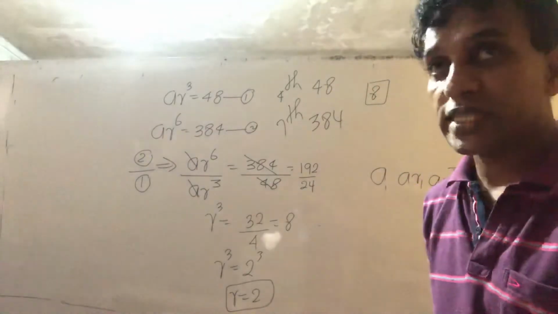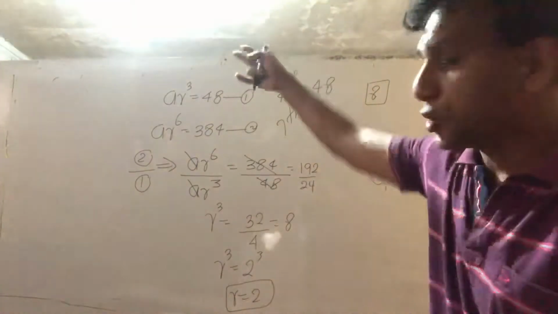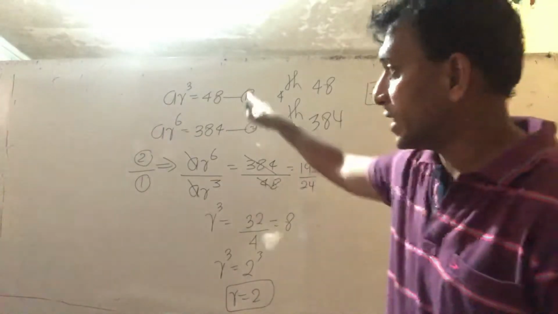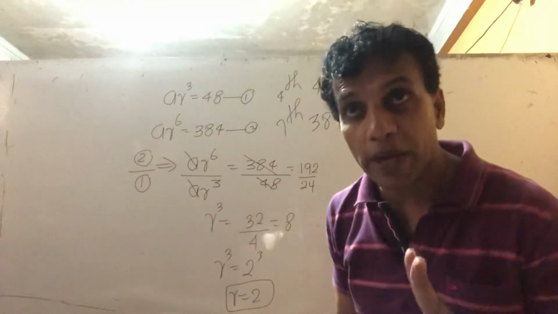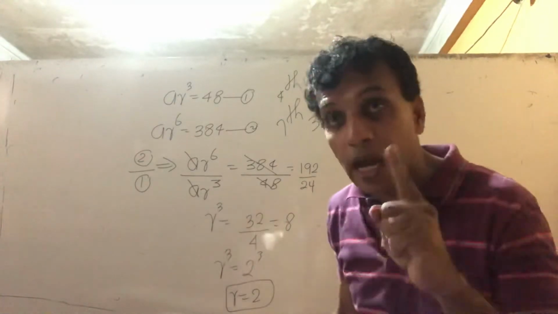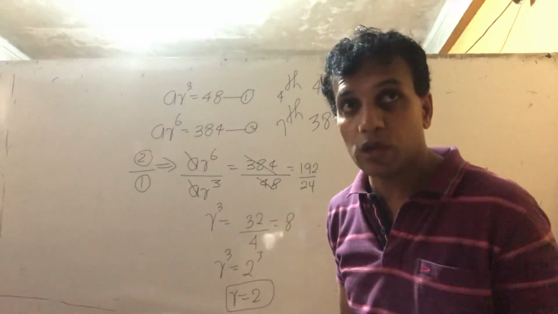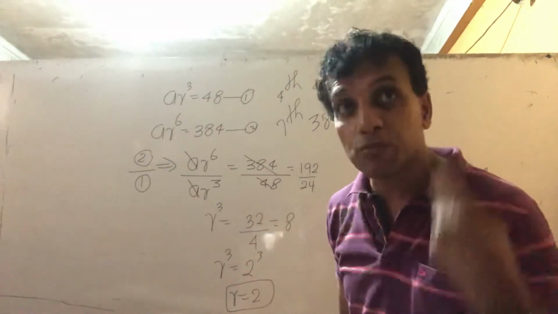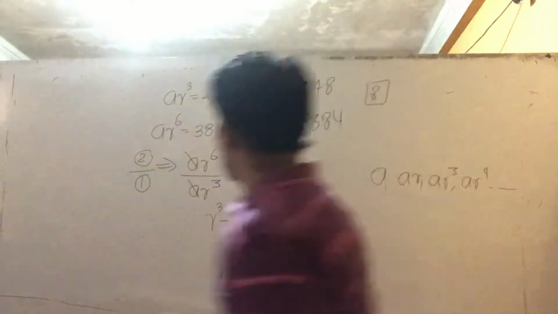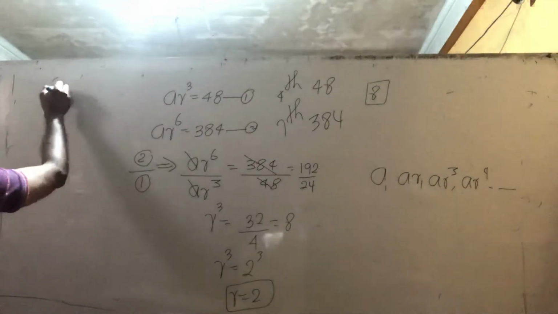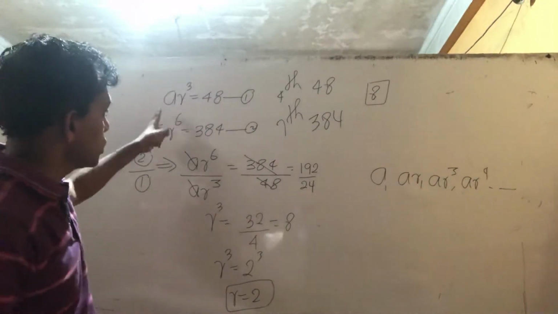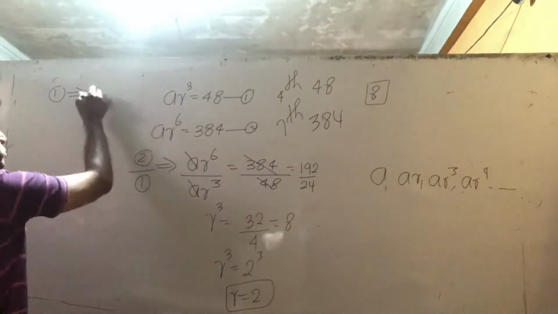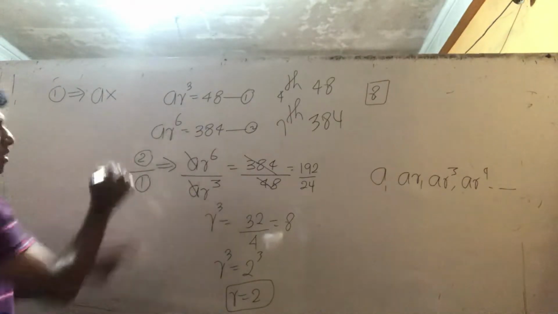Now find the first term: go and substitute the r value in the first equation or second, complete. So here no plus or minus symbol, right? Power 3, odd numbers come, you can't write the negative because minus odd power is minus, not plus. Now substitute in the first equation, a into r cube.